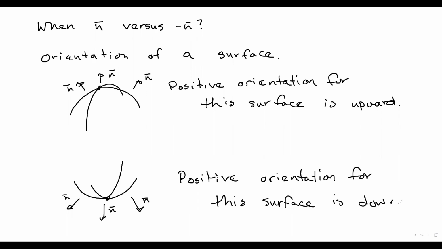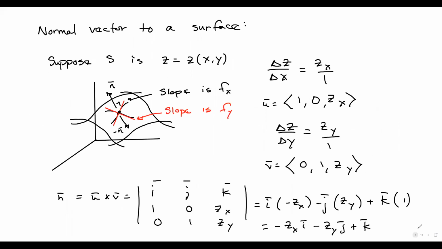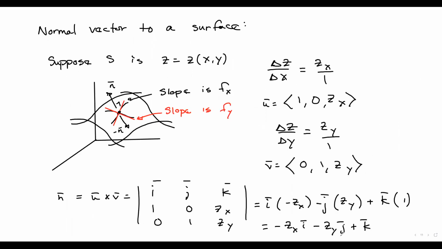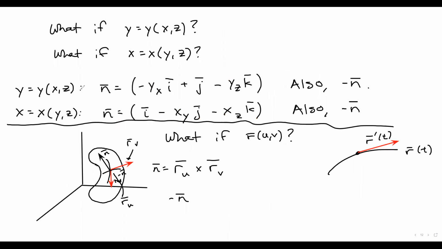And so if we're working on a problem and we use this calculation for the normal vector, but our surface has a downward, minimum type shape, then instead of using this definition, we're going to want to use negative n. And the same thing goes for this guy, an n that points to the right.